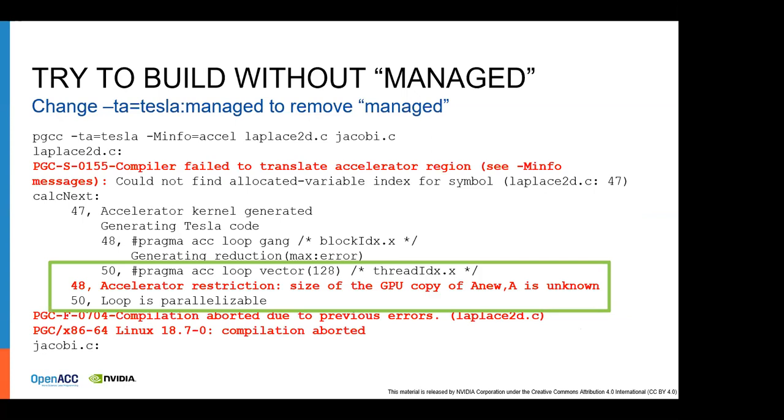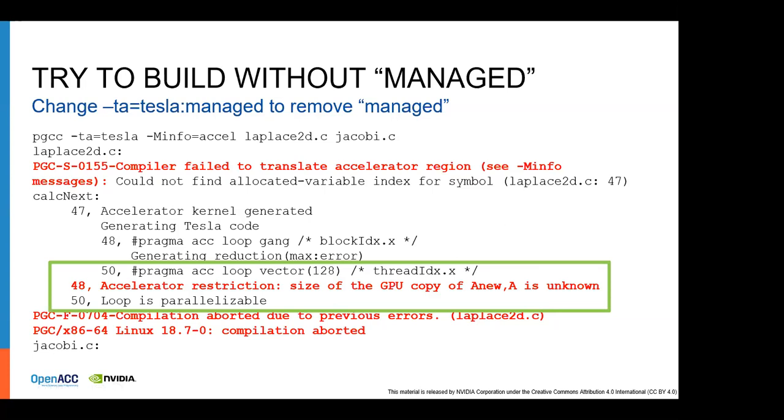So now coming back to our example, if we want to not use managed now and switch to data directives, if we compile our example with simply Tesla and not Tesla managed, we will get this message, if you remember well, that the size of the GPU copy is unknown.